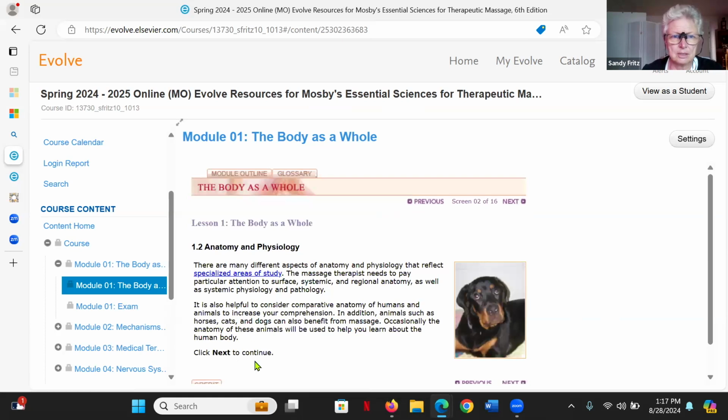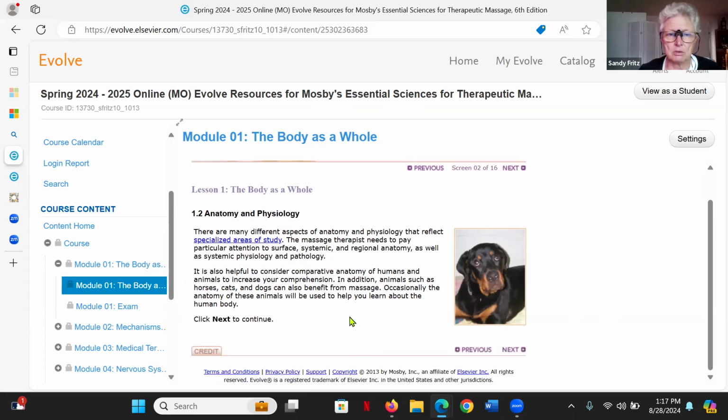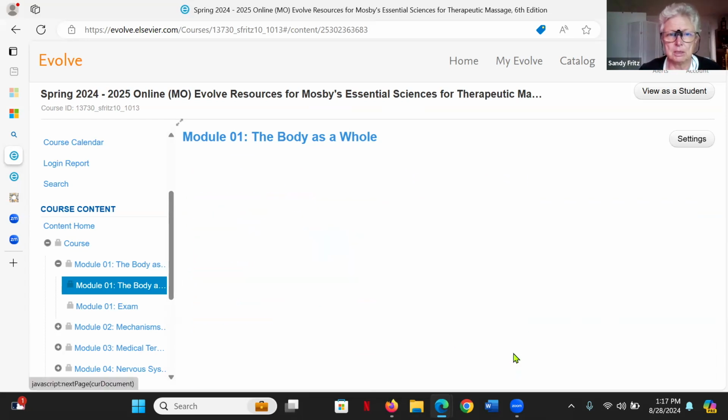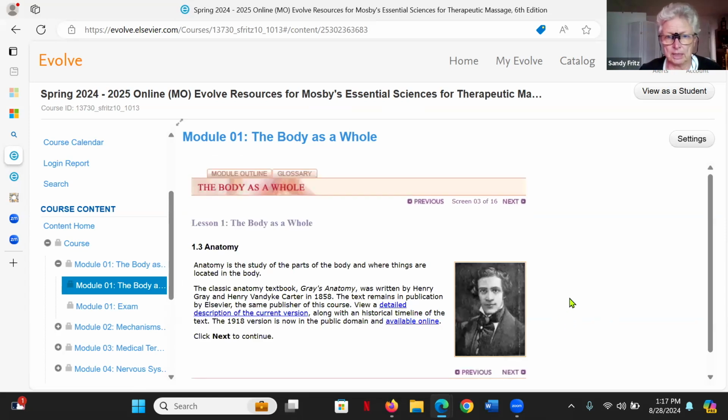Hit next. If you see something blue here and you click on it, it'll take you outside of the course. The link may or may not work. It doesn't matter. There's enough repetition so that you're going to get the information.